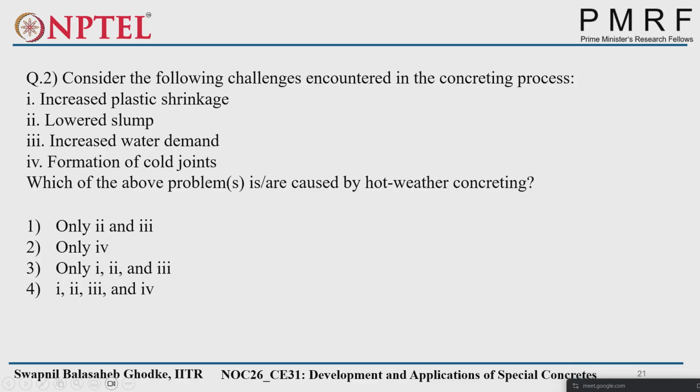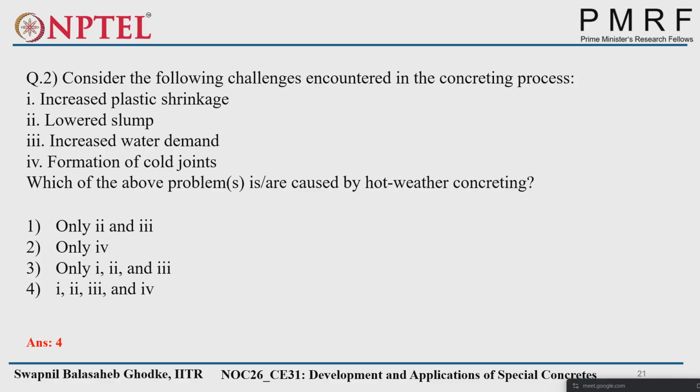What happens? Increased plastic shrinkage: because of hot weather, water evaporation will be higher, so plastic shrinkage will be there. So one is correct. Lower slump: we already said slump loss will be there because of the faster hydration process. Water demand increases because of the faster hydration. Water evaporation is also there, and water will also be utilized for hydration.